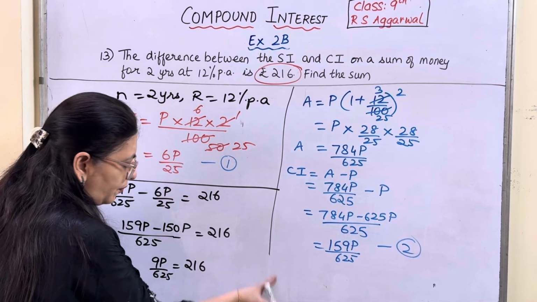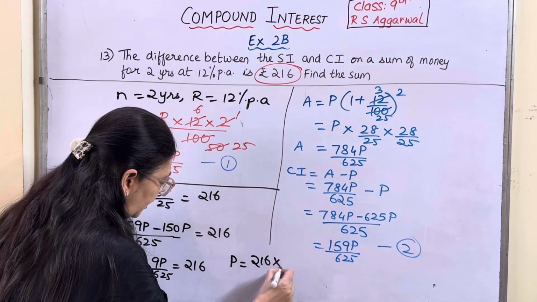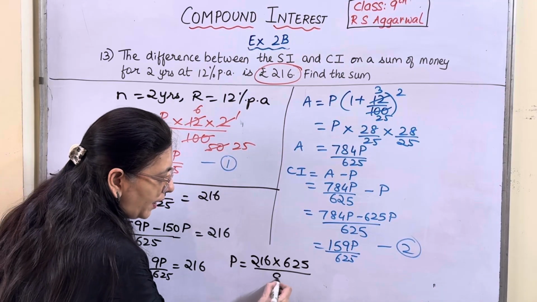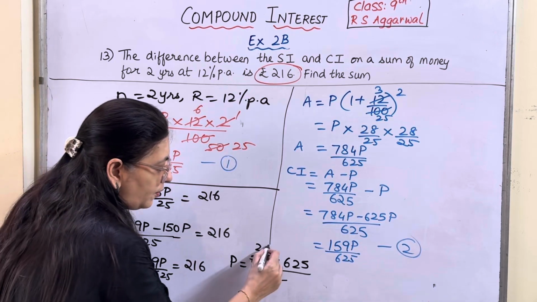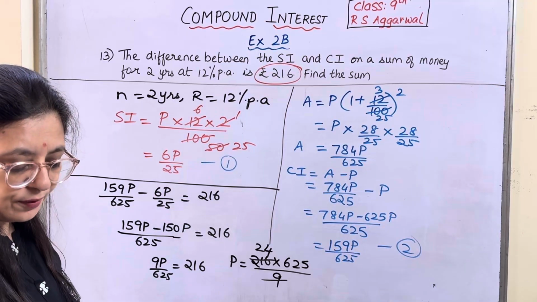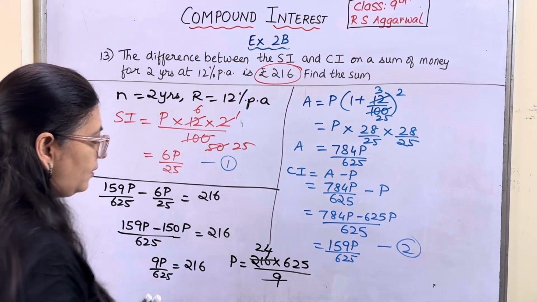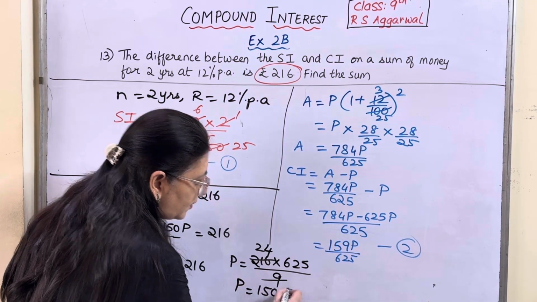Okay, you can find P. So P is equal to 216 into 625 by cross multiplying, divide by 9. 9 2s are 18, 9 4s are 36. Multiply 625 times 24. The answer you will get is, so P is equal to 15,000 rupees.